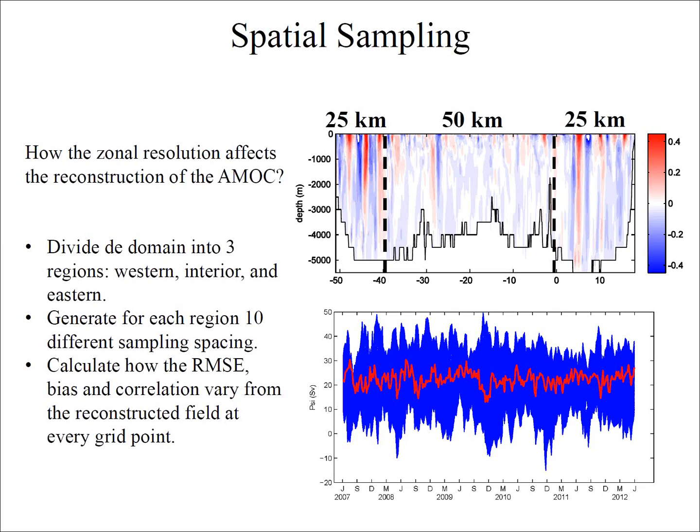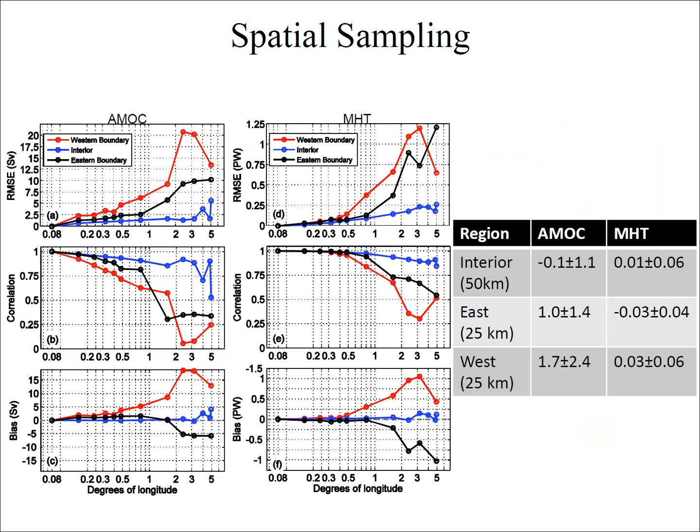So we asked this question: is this heuristic approximation of 25 kilometers in the boundary a good approximation? What we do is, in the reconstruction, we keep increasing the spatial sampling in each of the regions, and then compare against the perfect reconstruction.